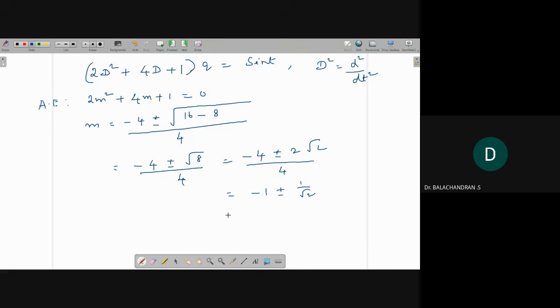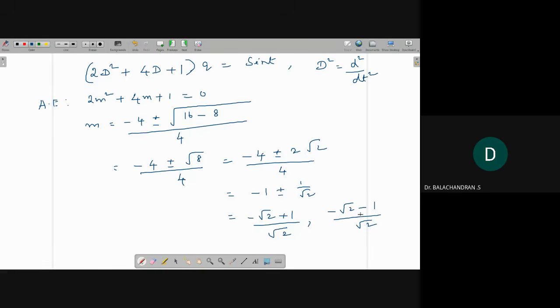Okay, so now take LCM. Minus root 2 plus 1 divided by root 2, and one more root is minus root 2 minus 1 divided by root 2.